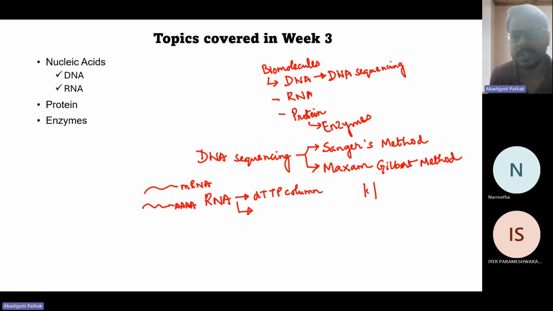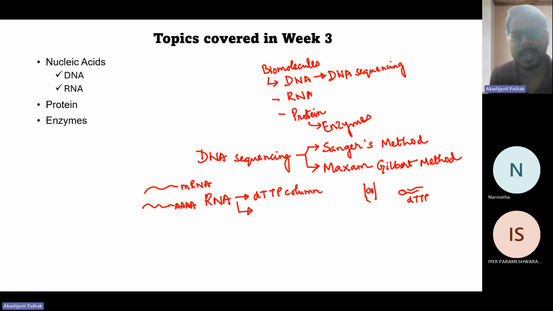These columns have resins, and these resins are conjugated with the nucleotide dT, or oligo dT. So what will happen?